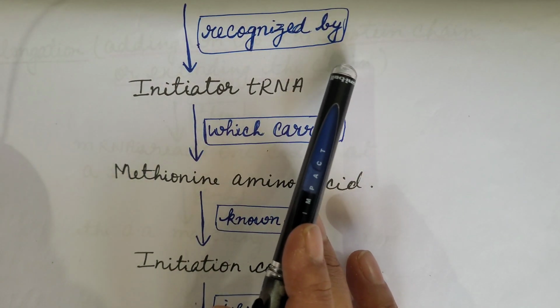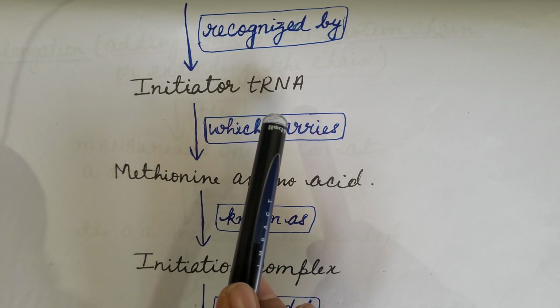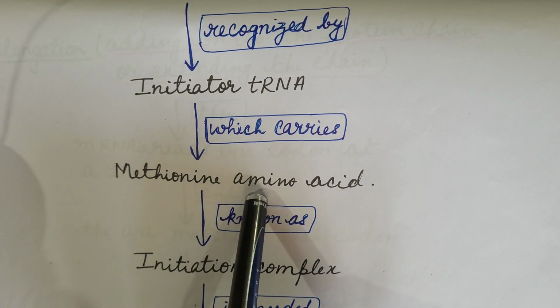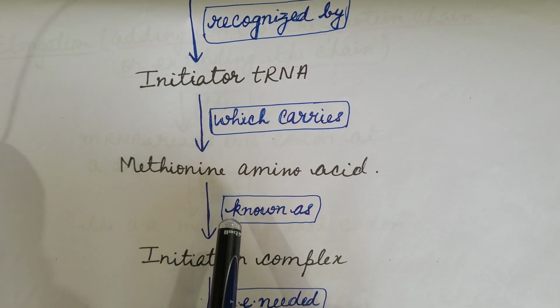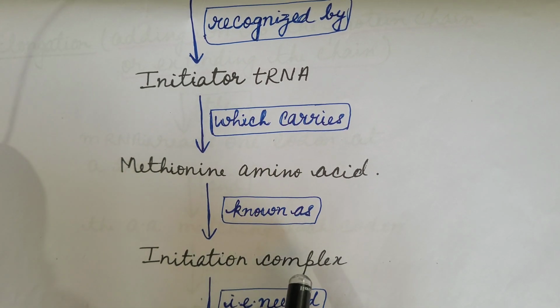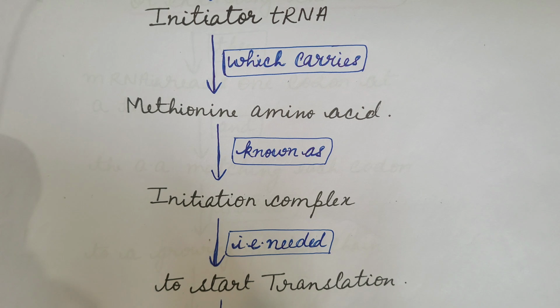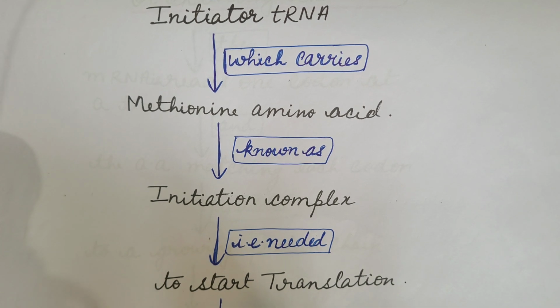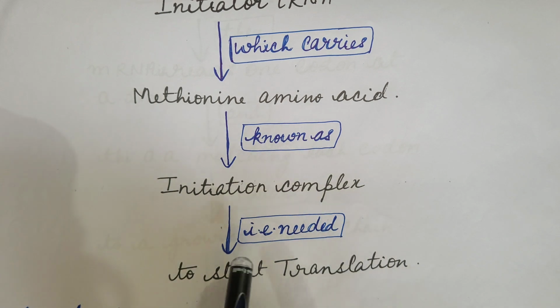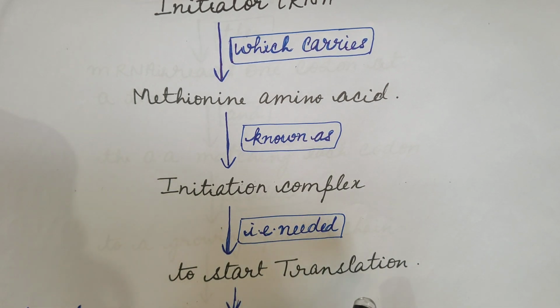Then it is recognized by initiator transfer RNA, which carries methionine amino acid. Now it is known as initiation complex, which includes the AUG codon of messenger RNA to which transfer RNA carrying methionine amino acid binds. This initiation complex is needed to start translation.